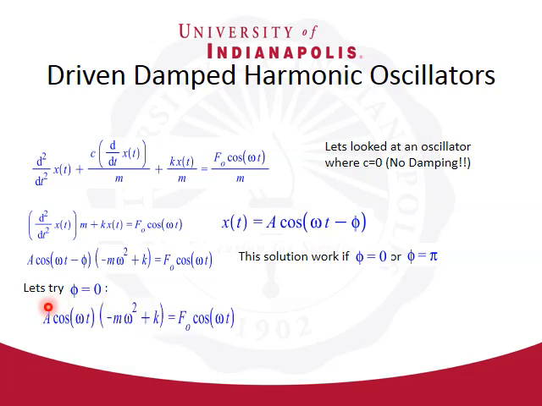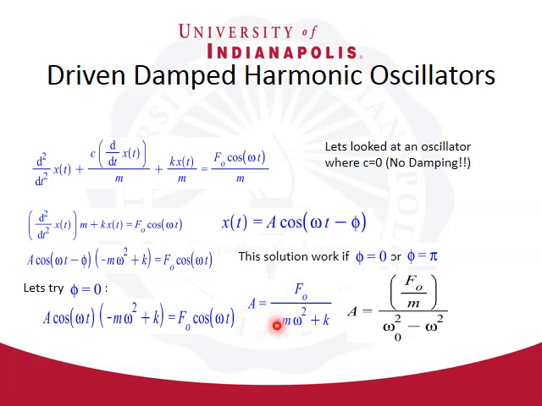If the phase is equal to 0, this is our equation. The cosines cancel, and I can solve for the amplitude of my oscillator as this. And then if we rework this system and factor out an m, we can write the change in amplitude as this. Now, the important part is this term right here.